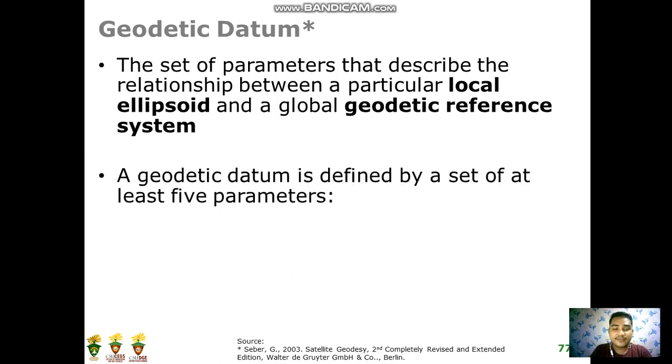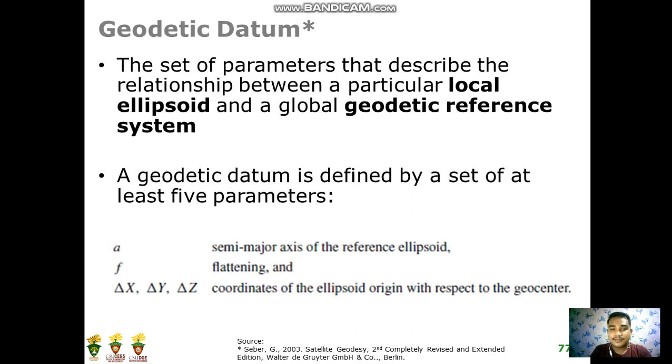A geodetic datum is defined by a set of at least 5 parameters, namely the semi-major axis, at least 5, but it can be added to. The flattening and the coordinates of a point. The a and f of your ellipsoid.